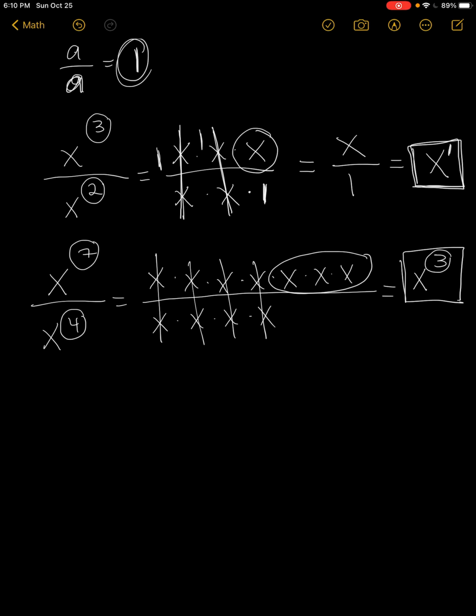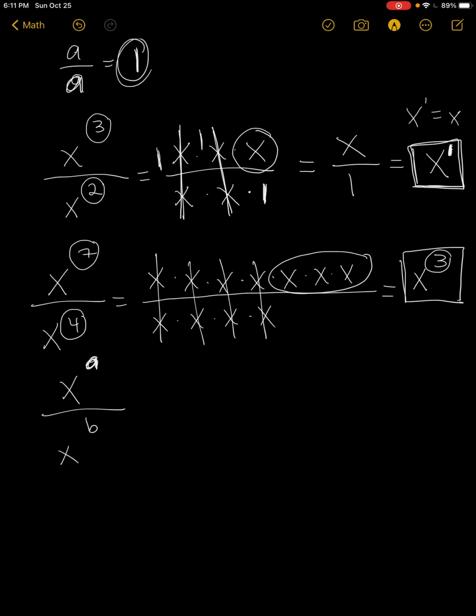Because you're saying I have 1 x. If you have 2, you're saying you have 2 x's. 3 means 3, and so on. Again, we don't write those ones because everyone just assumes we all know it's there. But 3 minus 2 gives us 1, so x to the first power is the same as x. 7 minus 4 is 3. So there's a little handy rule.